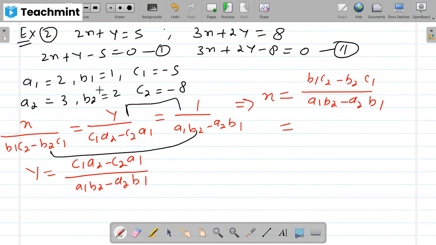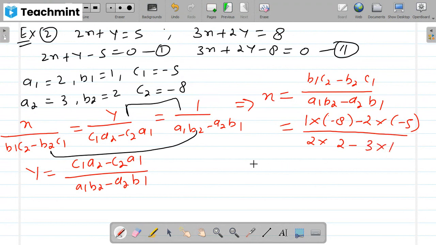In this case, value of b1 is 1 and value of c2 is minus 8, minus value of b2 is 2 and value of c1 minus 5, by a1 value of a1 2, value of b2 2, minus value of a2 3, value of b1 1, and here plus and minus minus 8 minus minus plus 2 5 ja 10, here 2 2 ja 4 minus 3, and 10 में से 8 subtract करेंगे, they are 2 by 1, so in this way value of x is 2.